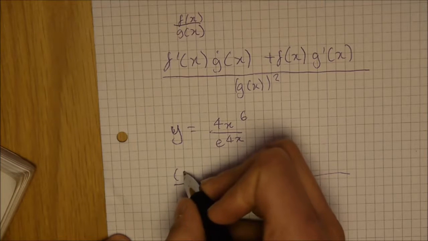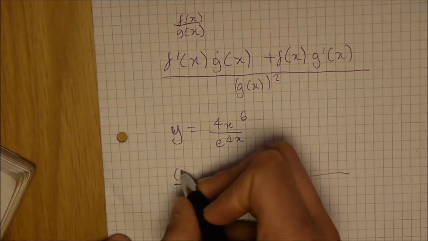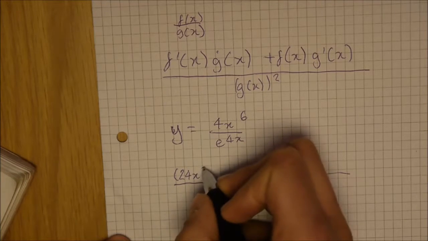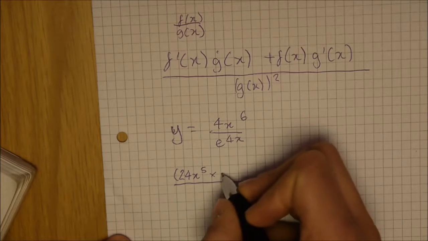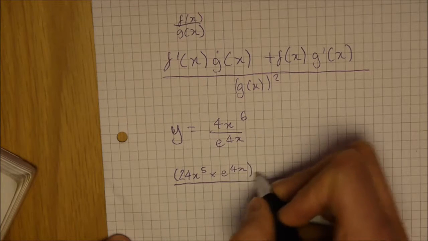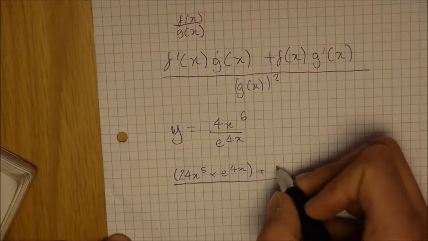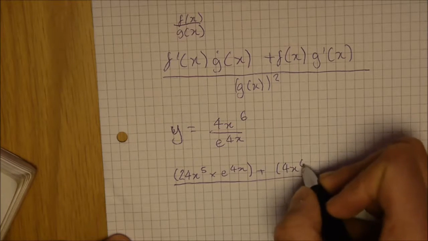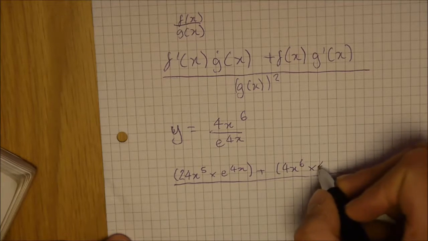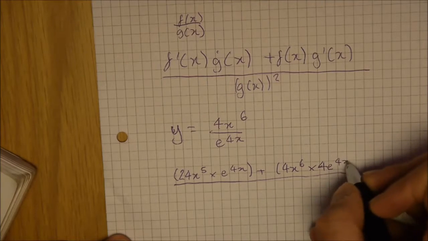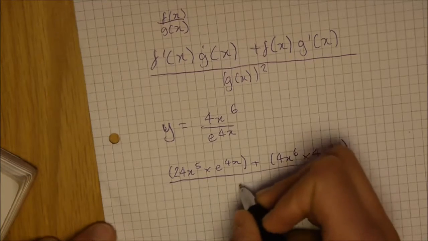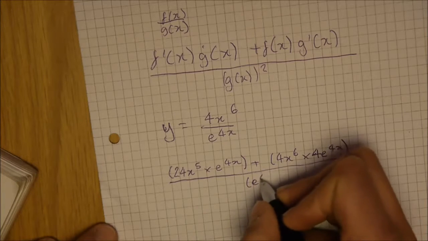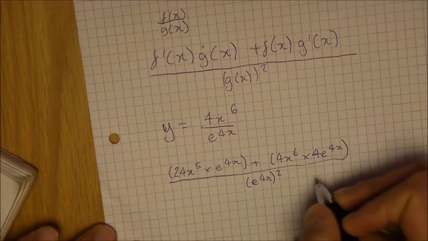So we differentiate the first part, so that's 24x to the 5 times e to the 4x plus 4x to the 6 times 4e to the 4x, all over e to the 4x squared.